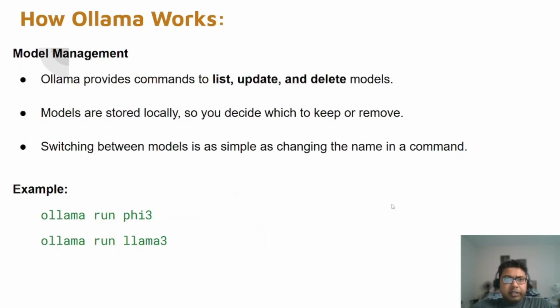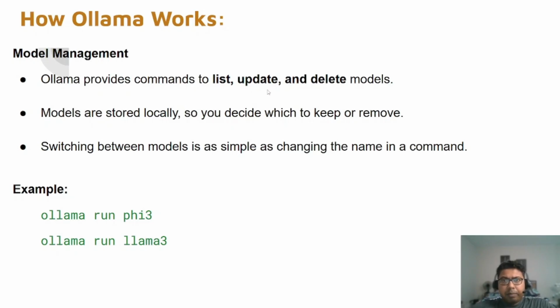Model management: Ollama provides commands like list, update and delete models. List actually shows what all models are available, or whatever models we have installed in our local machine. So that we can see through list. We'll be seeing these commands in detail after a few slides.